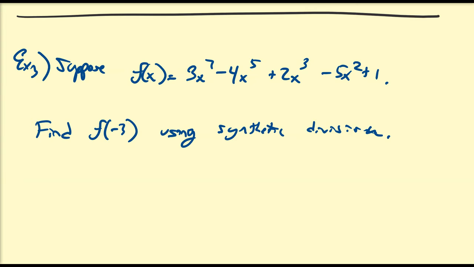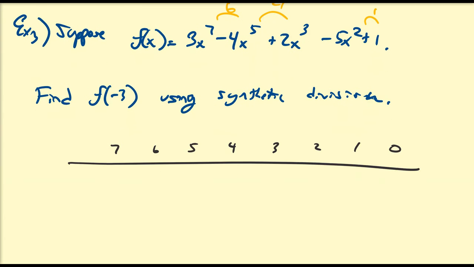Also notice we're missing some powers. We're missing 6, we're missing 4, we're also missing 1. So let's make sure we're not missing anything. We have our degree 7, 6, 5, 4, 3, 2, 1, 0 coefficients. So let's make a nicer box.